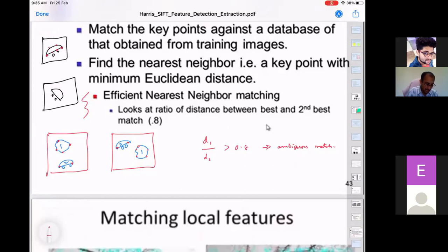How many key points are required to say that image 1 and image 2 are the same, except for a rotation? How many key points are required to establish that image 1, x comma y, is equal to image 2, x dash comma y dash, where x dash comma y dash is related to x comma y through a rotation matrix?